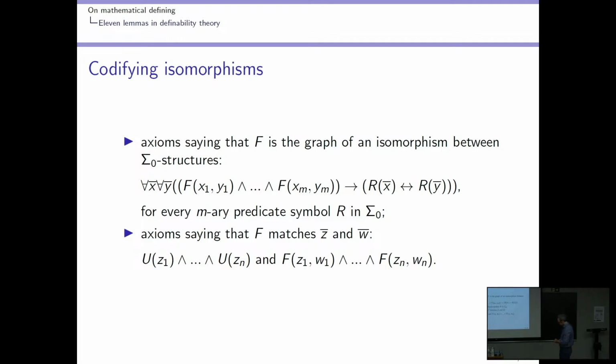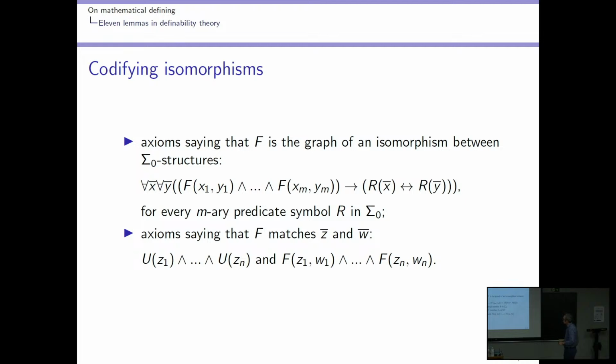Then the relation symbol R is preserved for every predicate symbol in sigma 0. So if sigma 0 is finite, those are finitely many axioms, one for each R. If they are infinite in number, we have infinitely many axioms in our theory.